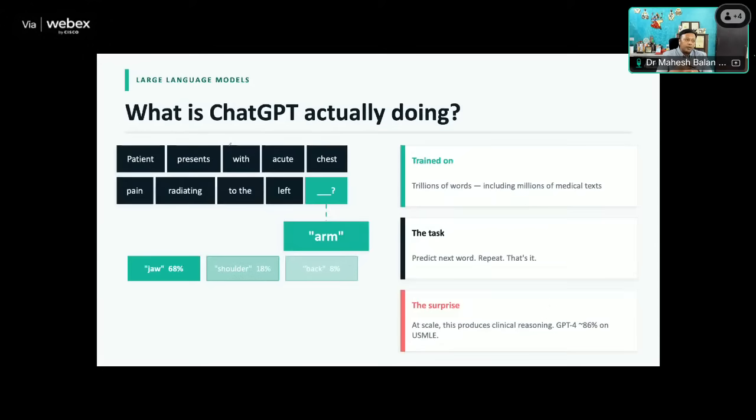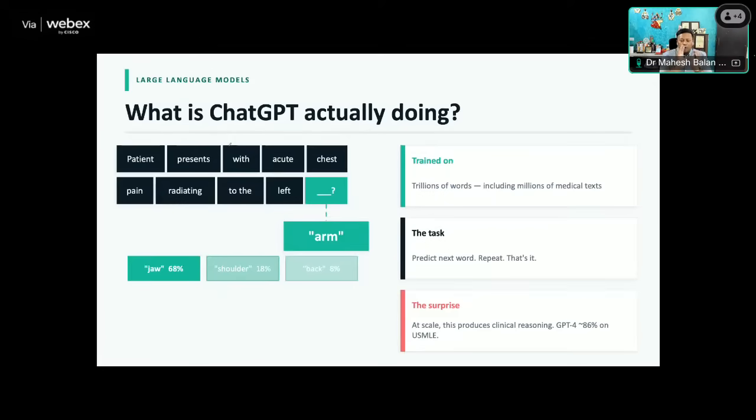So if you ask something like what is 2 plus 2, natively what ChatGPT does is, on the internet, most of them would have said 2 plus 2 is 4, so it tells you 2 plus 2 is 4. But another way to solve this problem is opening a calculator, putting in a 2 and a 2, doing an addition and finding that the answer is 4, right? So that is another way of doing it. But how ChatGPT natively does it is, it tries to predict that 2 plus 2, usually on the internet, is a 4, right? So that's how it is working.